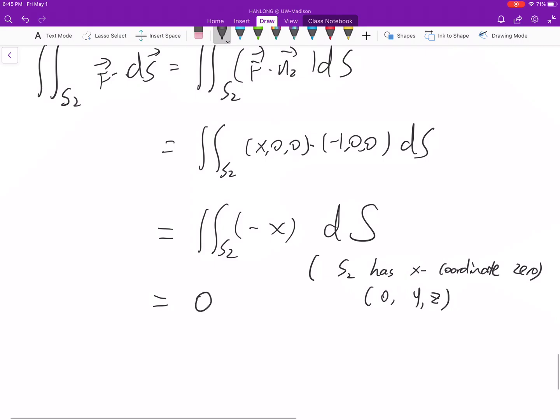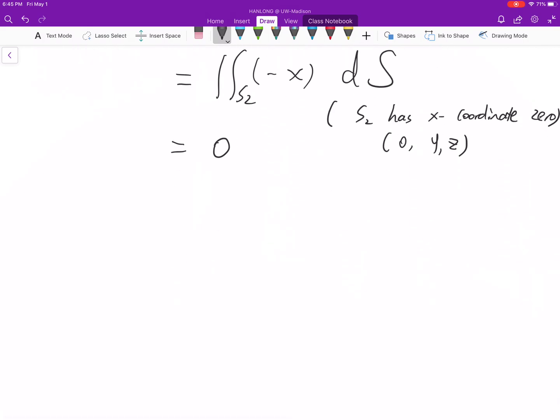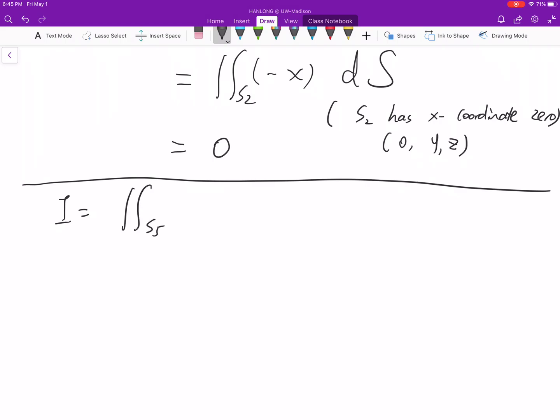Therefore, you are integrating 0. Okay, then what does that mean? That means your I gets contribution only from S5. So what is S5? This is the integral of F dot N5 dS.